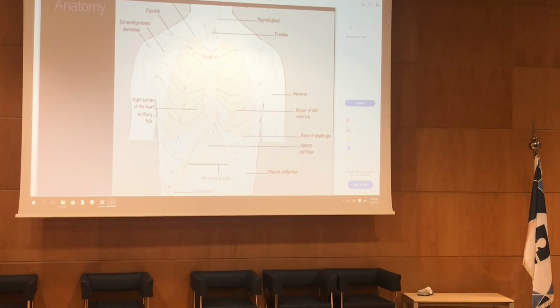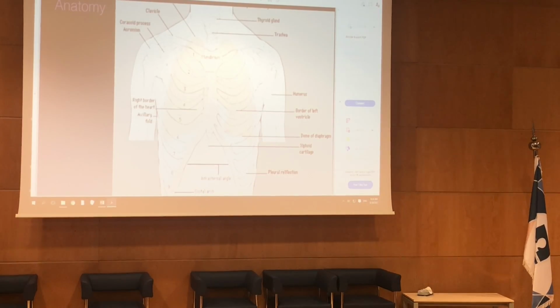Okay, so this is a bit exaggerated, but you see the trachea, which is like an air column, right? You don't see the esophagus; it's hiding behind the trachea. You see the heart, and I don't know if you're able to see the outline of the heart here, and it tells you what each margin is made of.